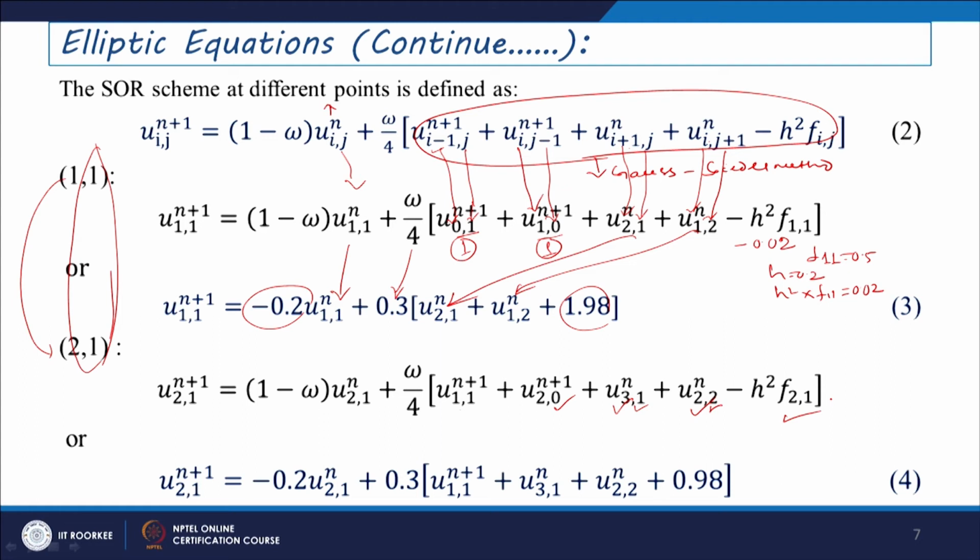If you put the 2 0 condition, that is 1, so this is minus 0.02. This takes the value 0.98, and the rest of the values u11, u31, u22 are present there. Since i varies from 1 to 3 and j is fixed, j equals 1.